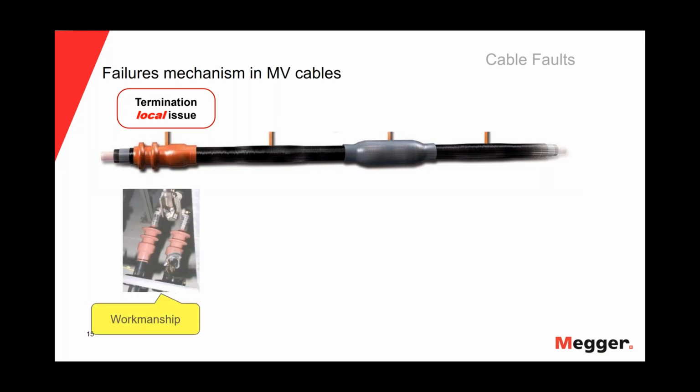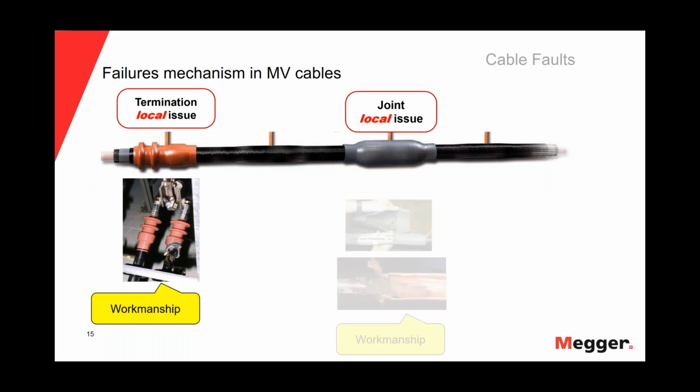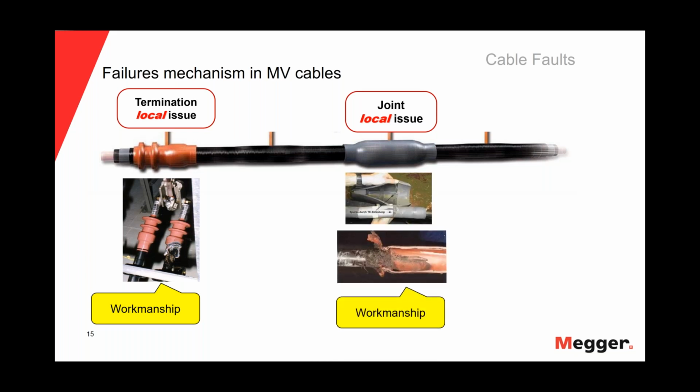Many times, if the termination fails, it can be traced back to a workmanship issue. And if we look at joints or splices, it's kind of the same thing. When we take new cable and we put a splice in it, if the splice or termination isn't assembled exactly to manufacturer specs, we might introduce a weak spot that will eventually lead to a fault.